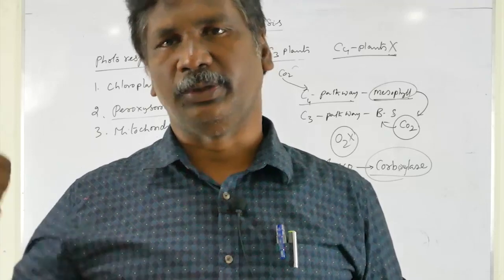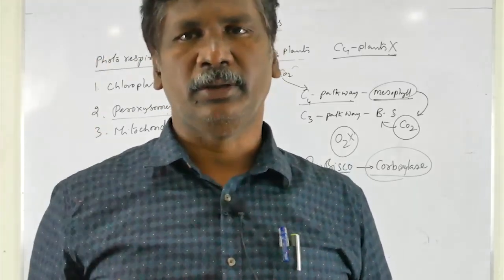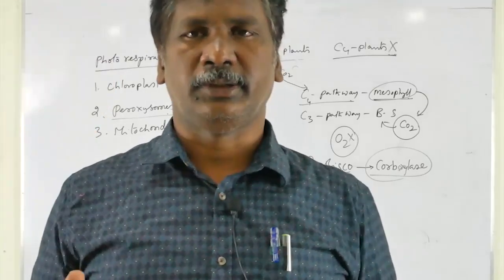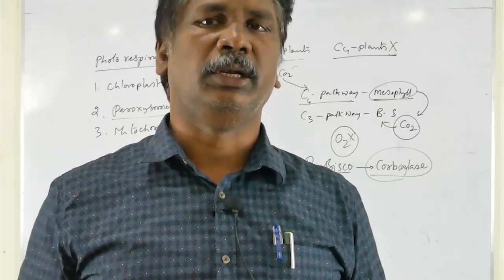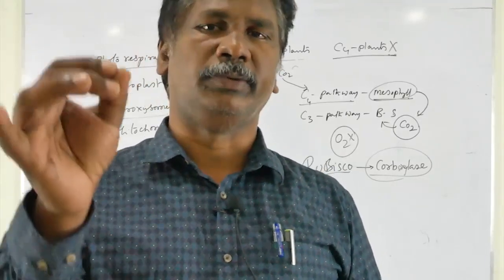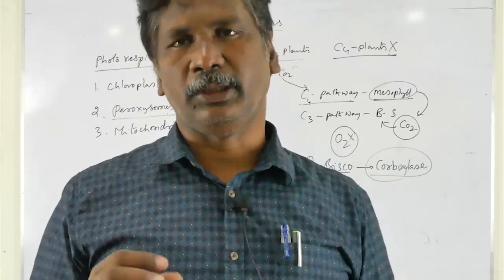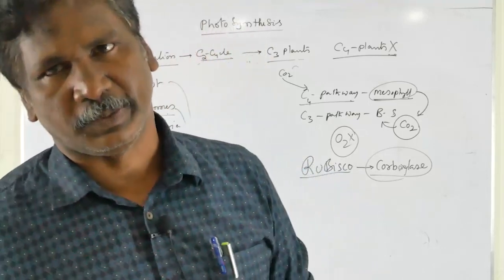So there is no initiation of photorespiration, especially in C4 plants. That's why C4 plants are highly efficient in carbon fixation and photosynthetic rate when compared with C3 plants. So that is photorespiration.